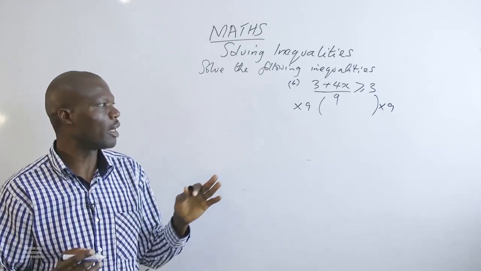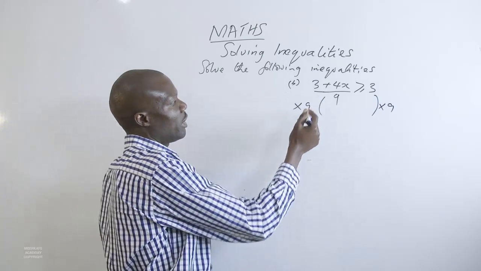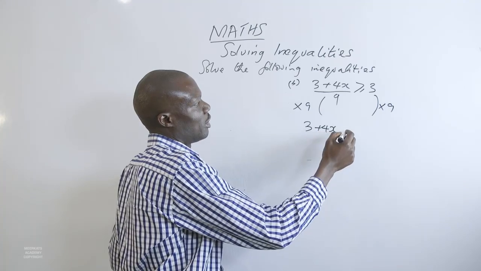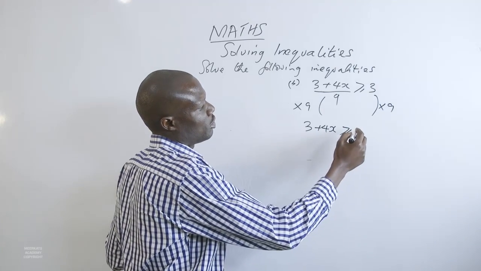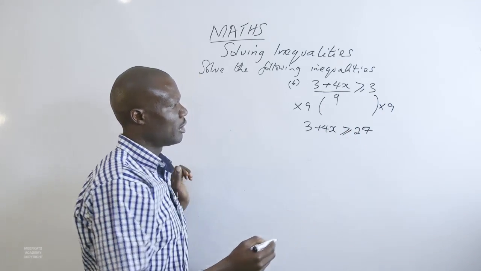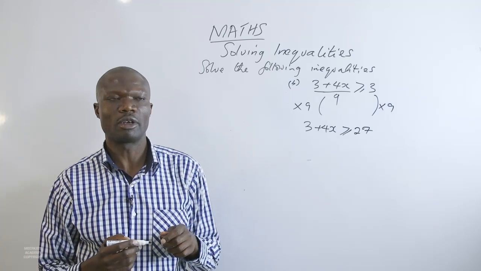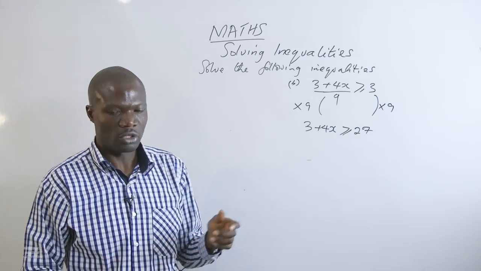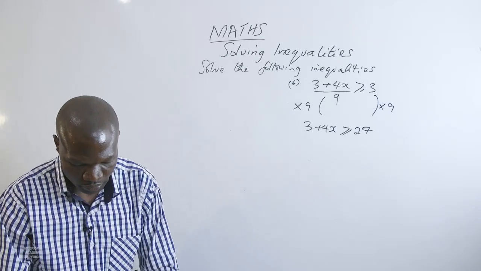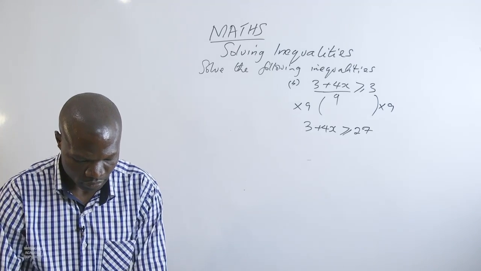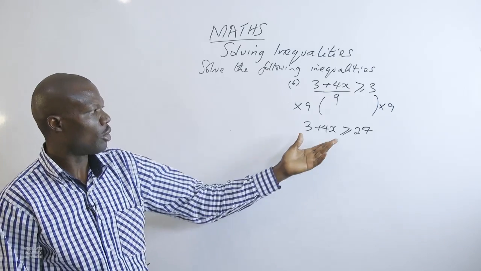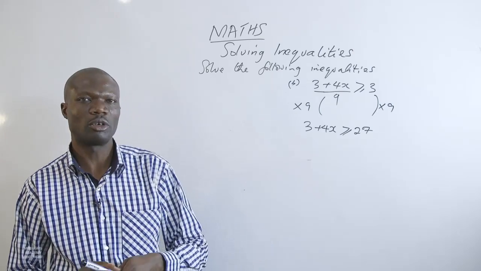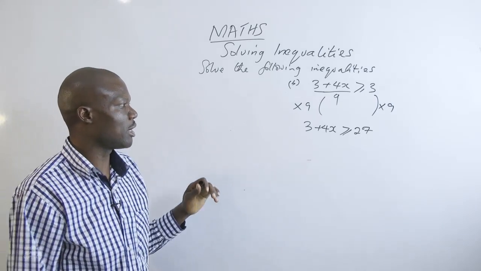When you multiply both sides by 9, you remain with 3 plus 4x is greater than or equal to 27. So when you look at this, now it's a simple inequality which can also be handled systematically.